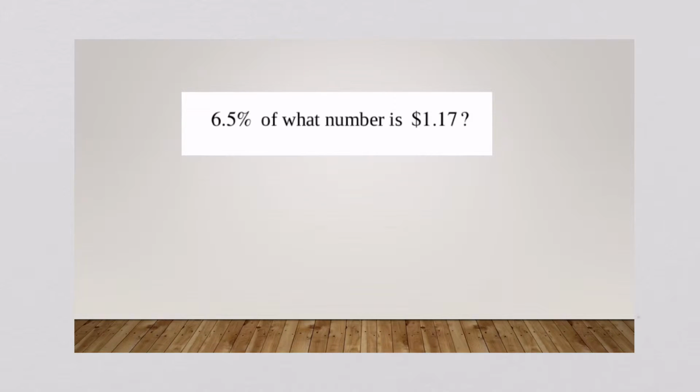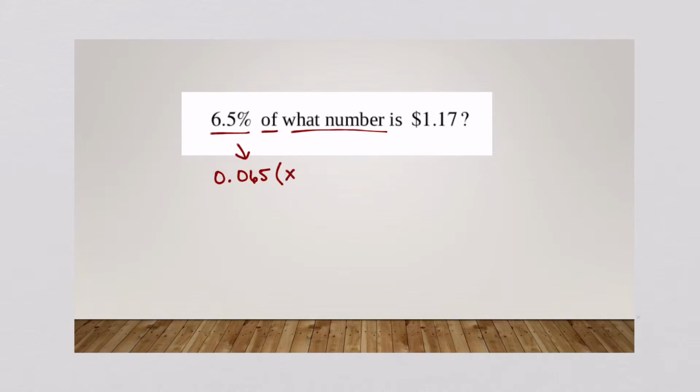Okay, so this problem, 6.5% of what number is $1.17? Now don't forget that on this problem we're actually dealing with money, so our answer should be some form of money. So 6.5%, I'm going to write that as a decimal, and 6.5% as a decimal is 0.065. Of means multiply.